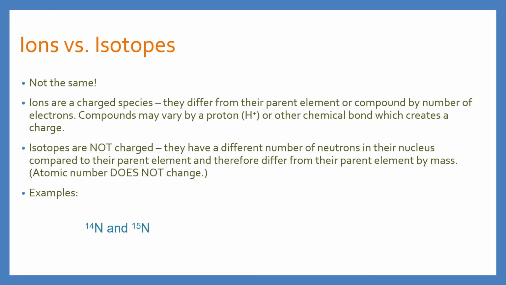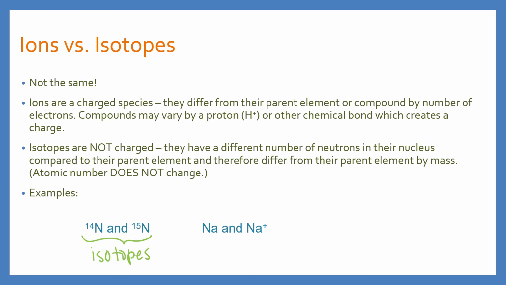So, for example, nitrogen-14 and nitrogen-15 have a different number of neutrons. Nitrogen-15 has 1 more neutron, therefore it is a little heavier than nitrogen-14. These two are isotopes of each other. Sodium and sodium plus are different from each other by 1 electron.